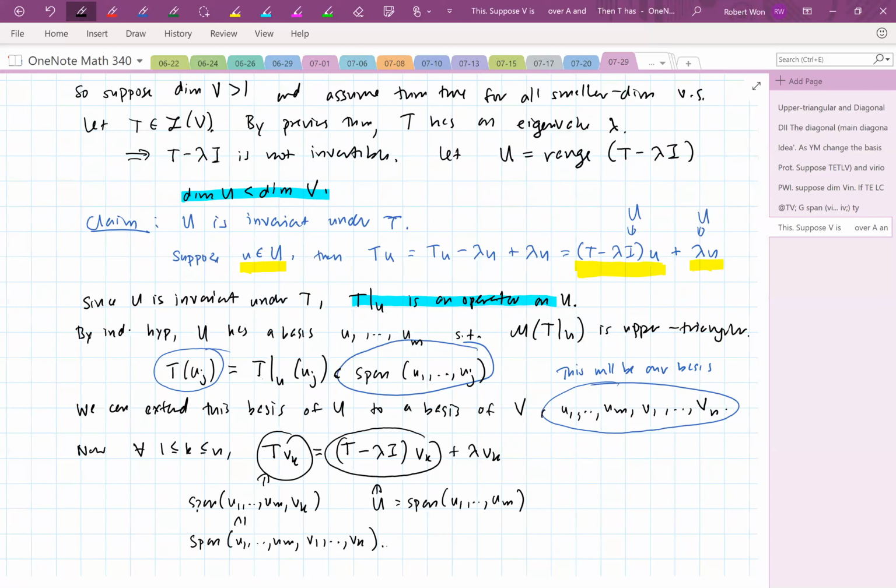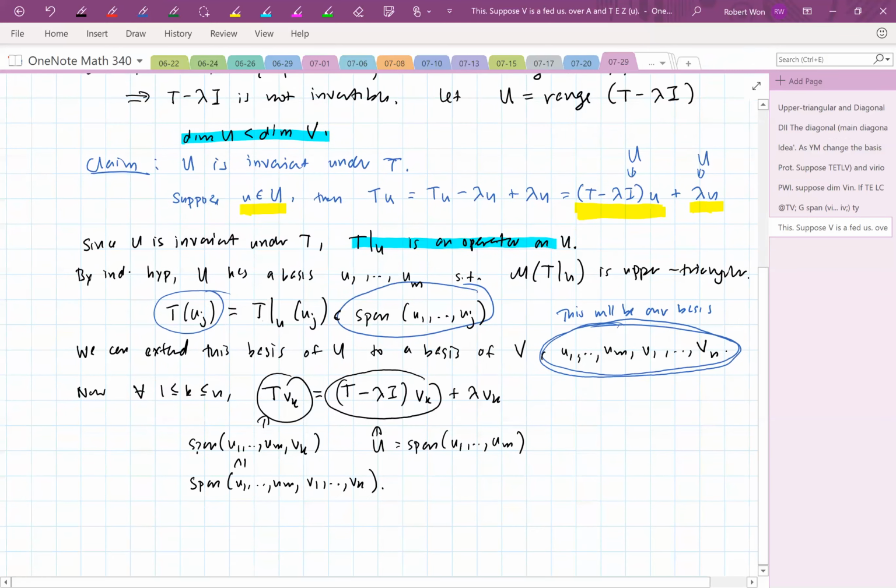So just by this little trick, choosing T minus lambda I was a very clever choice, this blue circled basis has property 2 from the previous proposition. If you apply T to any of the vectors, it lives in the span of all the vectors up until that point. So by the previous proposition, the matrix of T is upper triangular with respect to this basis.